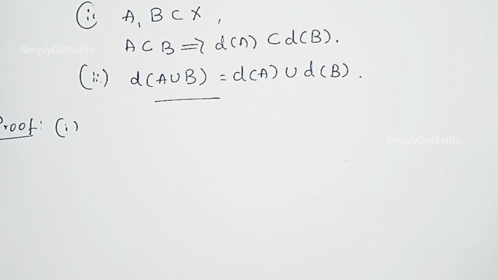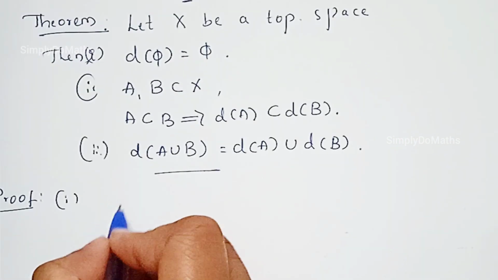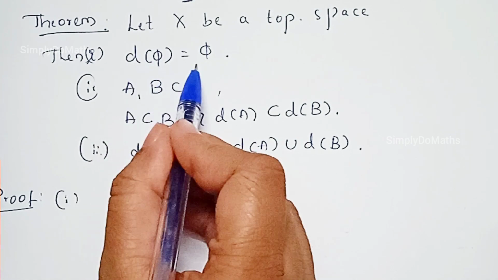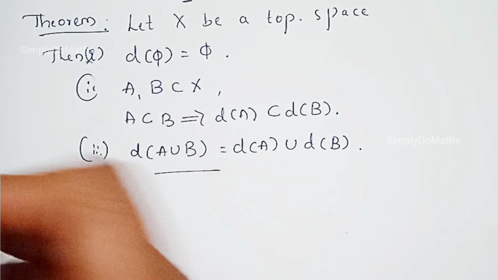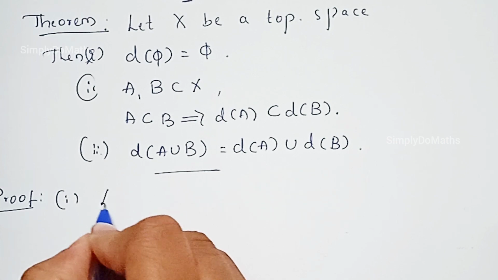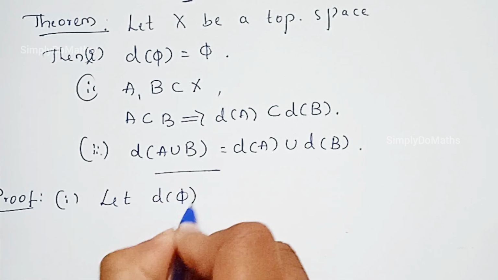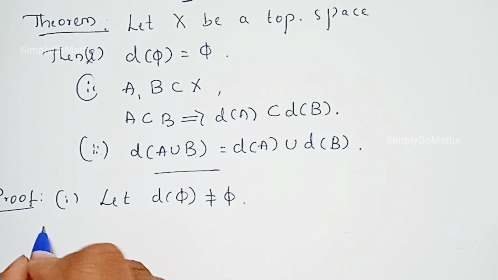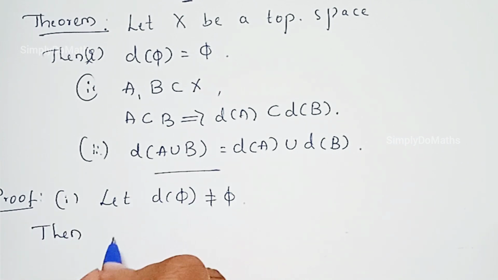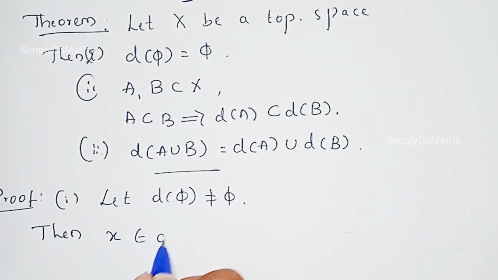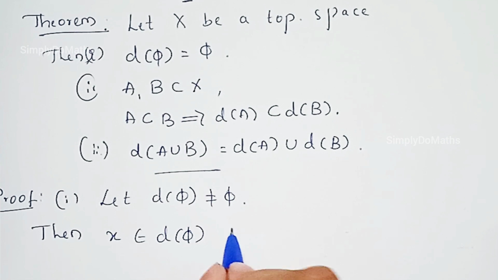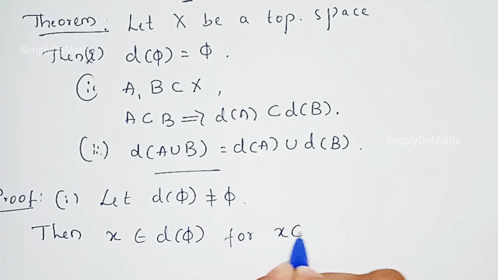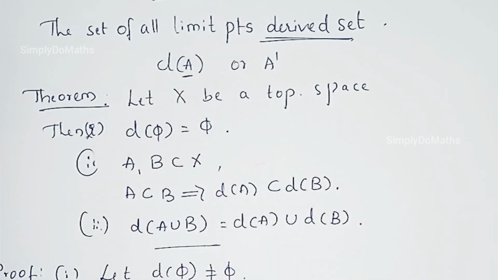Let's derive the first one. We'll prove that the derived set of empty is equal to empty, using the contradiction method. Let's say the derived set of empty is not equal to empty. Then there will be an element, say x, belonging to the derived set of empty, where x belongs to X itself. We know that the derived set is the set of all limit points.